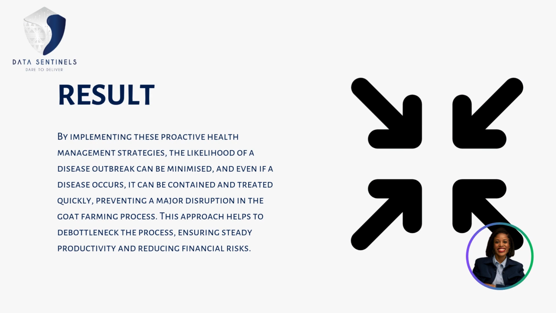As a result, by implementing these proactive health management strategies, the likelihood of a disease outbreak can be minimized, and even if a disease occurs, it can be contained and treated quickly, preventing a major disruption in the goat farming process. This approach helps to de-bottleneck the process, ensuring steady productivity and reducing financial risk.